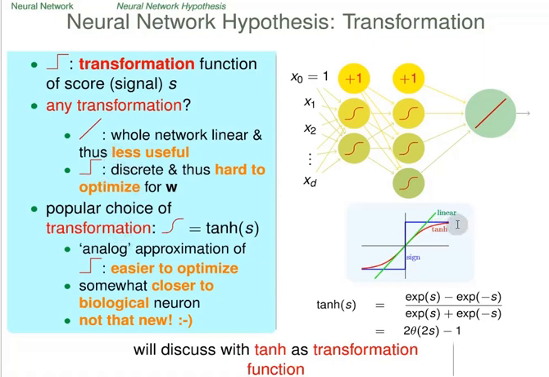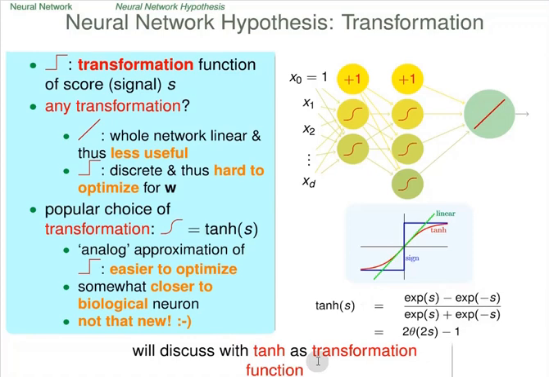So we can approximate the sign function, or soften the sign function, by using a so-called hyperbolic tangent function, as defined here. This is a formula. Here we choose the hyperbolic tangent function, which can represent both linear or this step function.